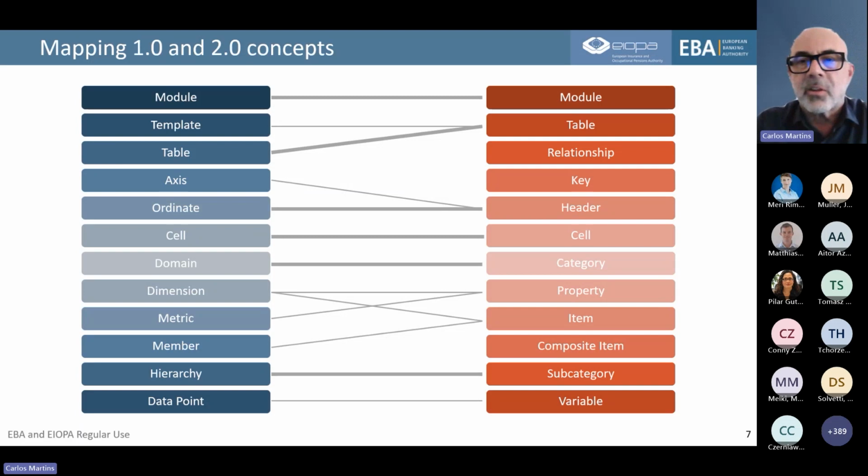Template, you don't find it as an entity in the new model, but it's a kind of special type of table, kind of an abstract table. And then there are things like relationships and keys in the DPM 2.0 that have no connection to the previous one. Headers are what we used to call ordinates in DPM 1.0, and axes are actually one property of the header.